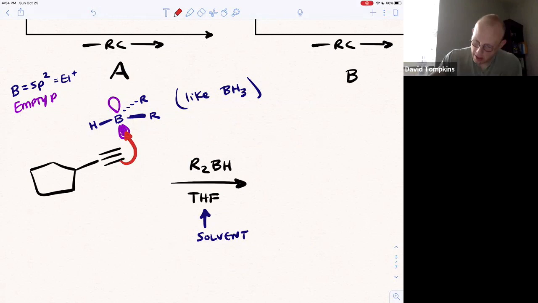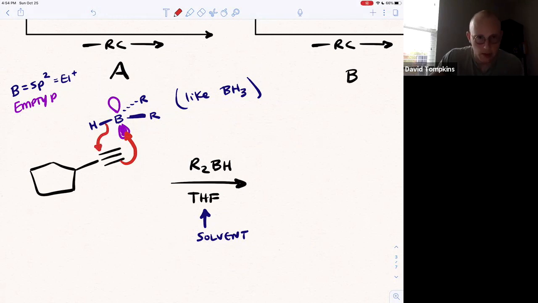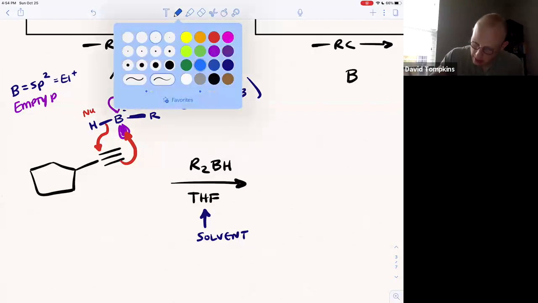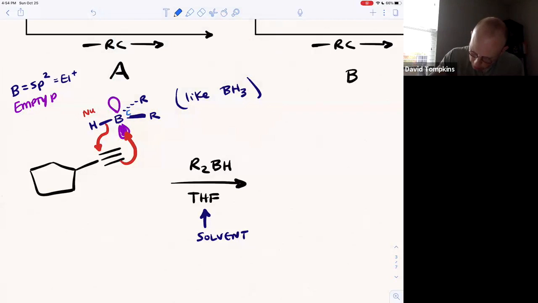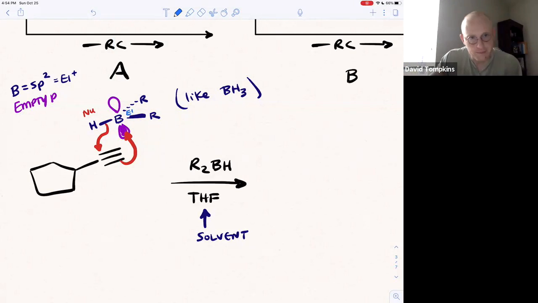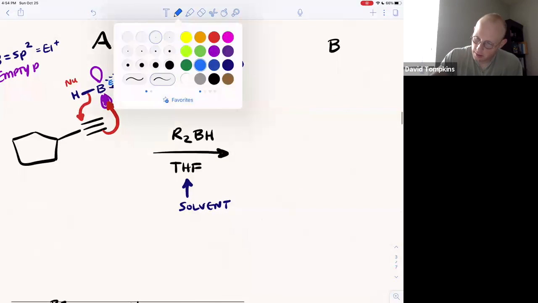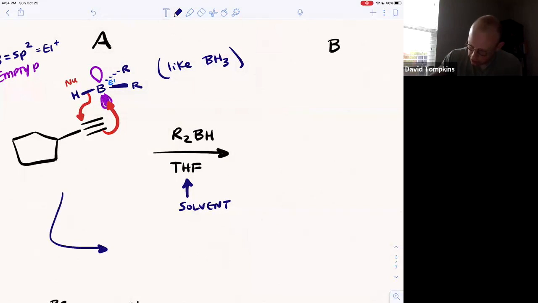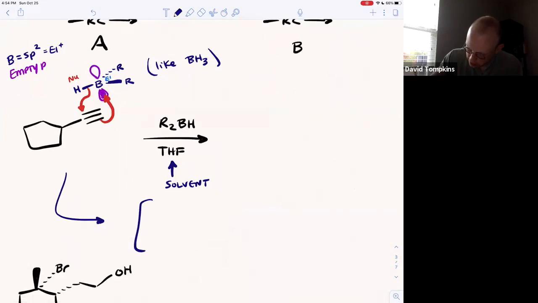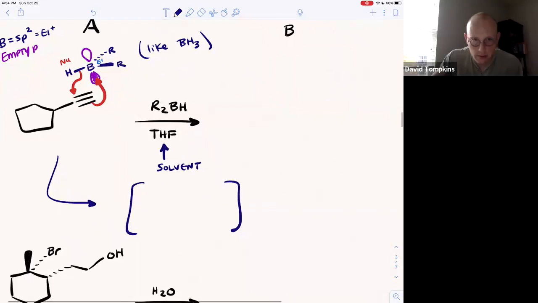However, at the same time, this boron hydrogen bond breaks and the hydrogen attacks back, so the hydrogen must be serving as the nucleophile in that back attack, donating electrons, taking them away from electrophilic boron. So I'm going to draw the transition state here. Okay, this is not a step or an intermediate, right?